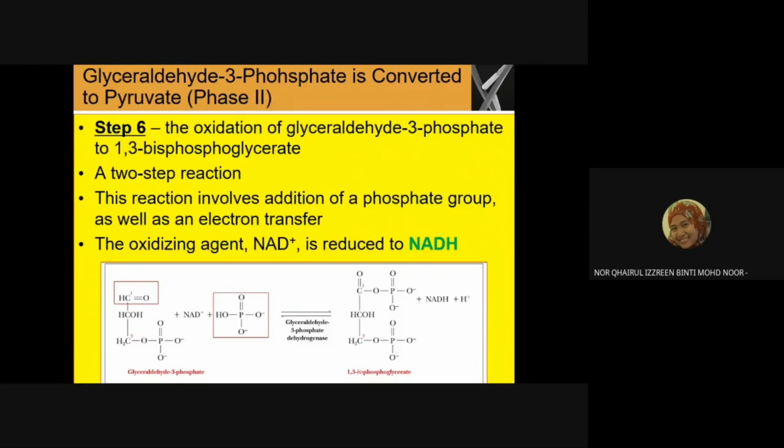So here, hydrogen from carbon number 1 goes to NAD, and then a phosphate group is added to carbon number 1. It has one phosphate group here.